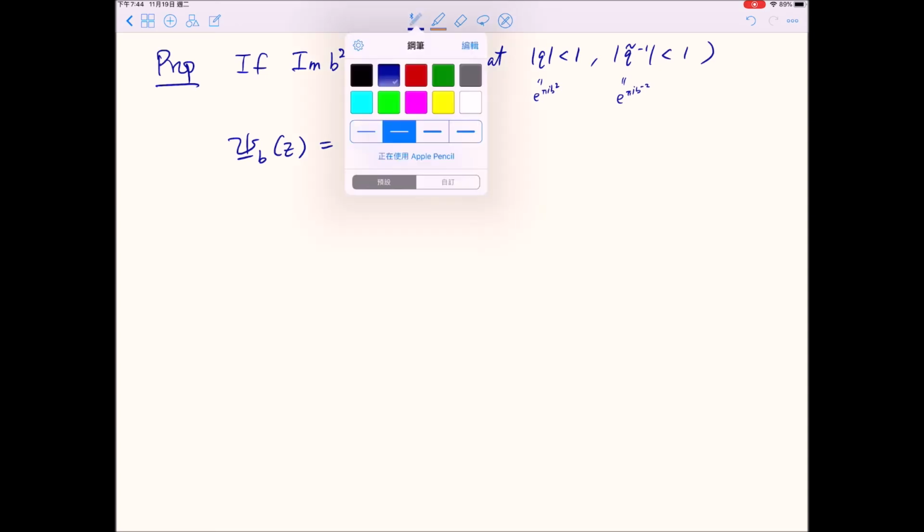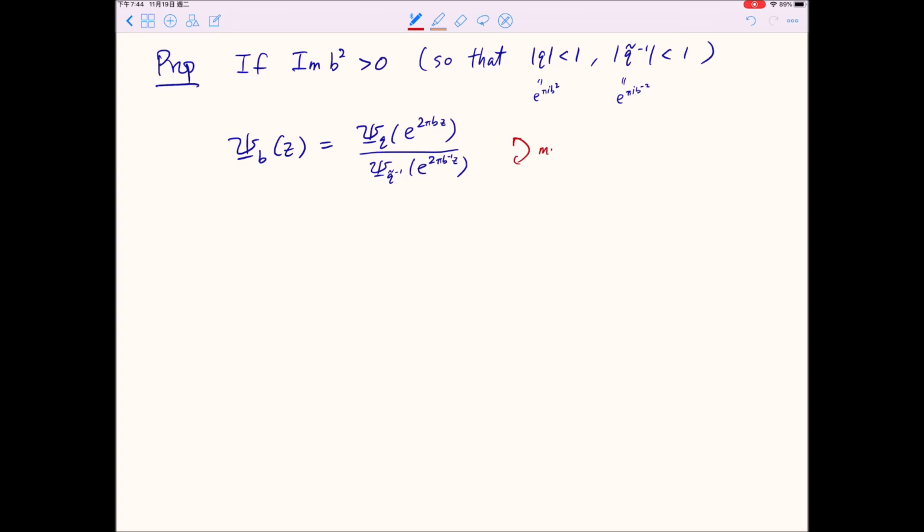This is sometimes known as the modular double, again introduced by Faddeev, because you can see there's a duality between b and b inverse in this formula. So this says that even though each compact quantum dilogarithm function will diverge when Q goes to 1, if you take the ratio of two such functions and take Q to 1, it will converge to a meromorphic function where b can be taken to be a real parameter.